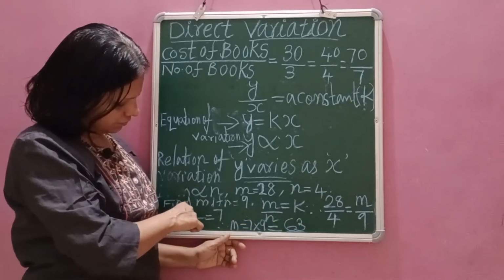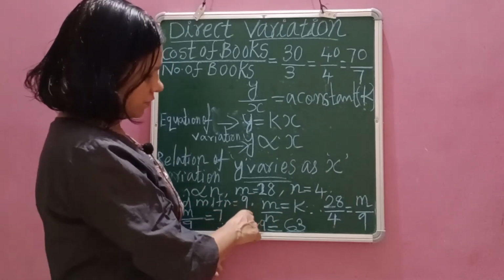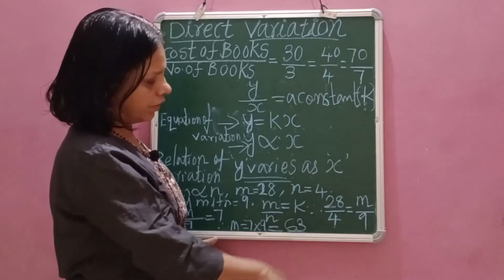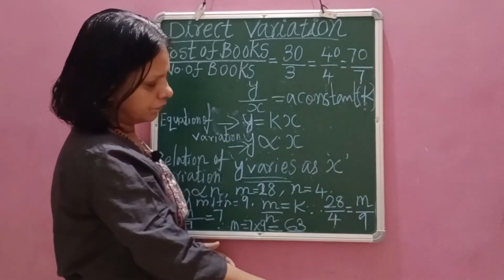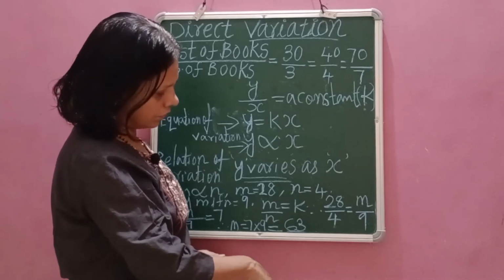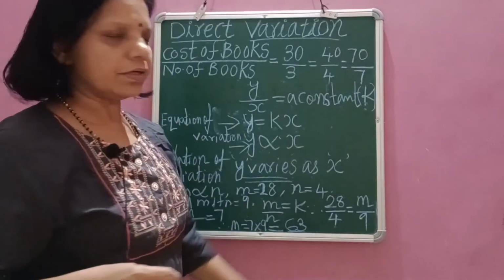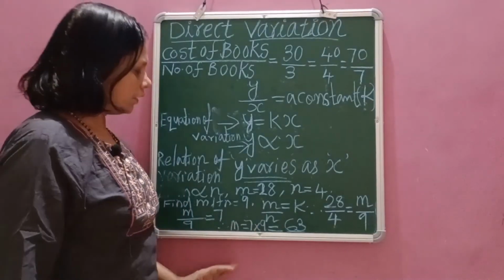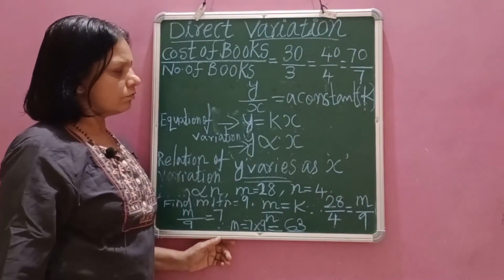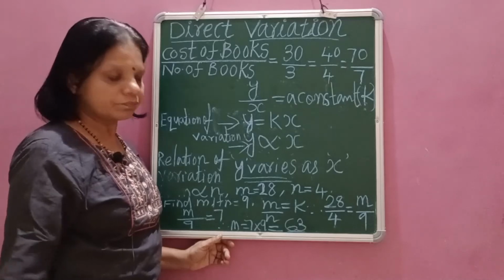The question is: find m when n equal to 9. Using the equation of variation, we can find it easily.